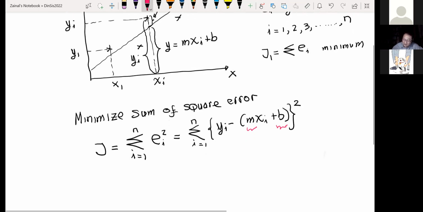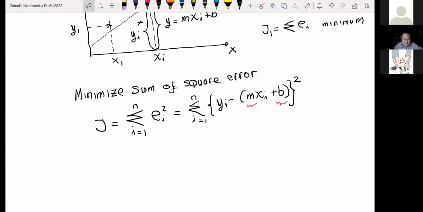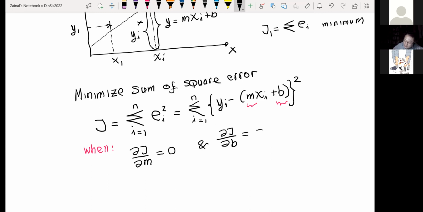You can minimize the sum of square error when the partial derivative of J with respect to m is equal to 0 and the partial derivative of J with respect to b is equal to 0.